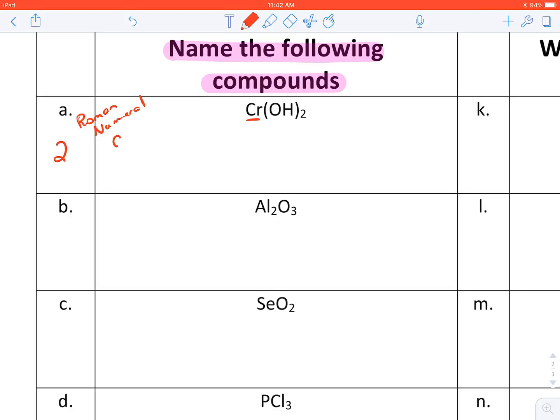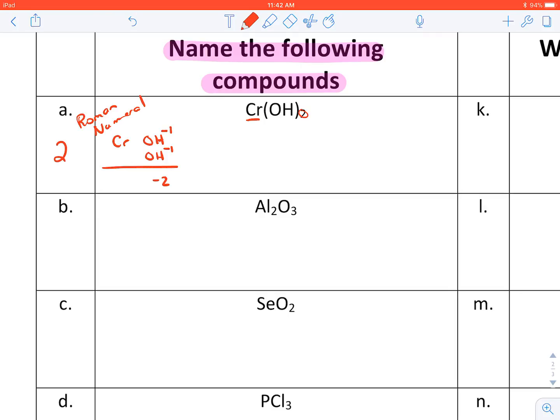So we've got Cr. Everybody agrees that I have one Cr and two OHs, because of this 2 right here. And I look on my periodic table on the polyatomic ions, and each OH has a charge of -1, which when I add those charges up gives me -2.